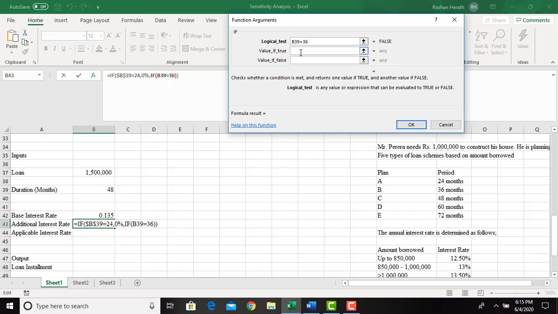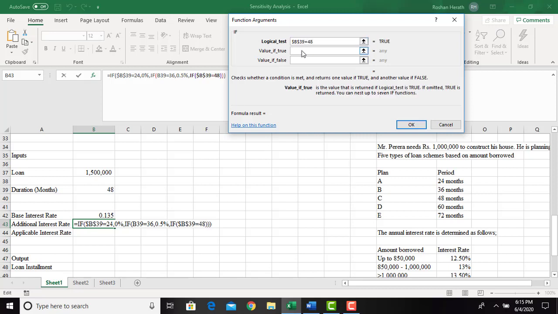If it is equal to 36, then it's going to be 0.5%. If false, you may have to take another if, then check whether this is equal to 48.